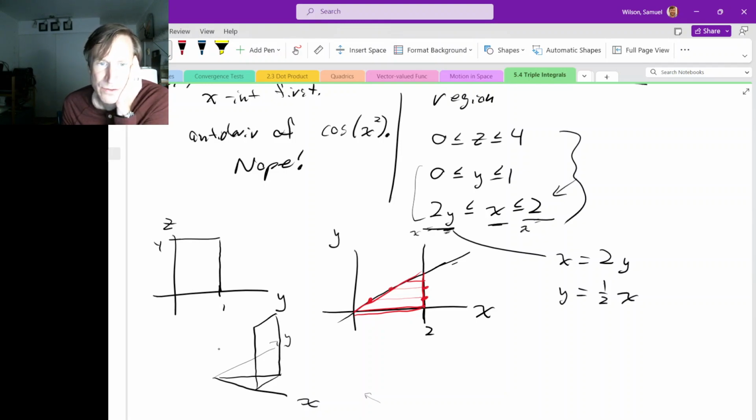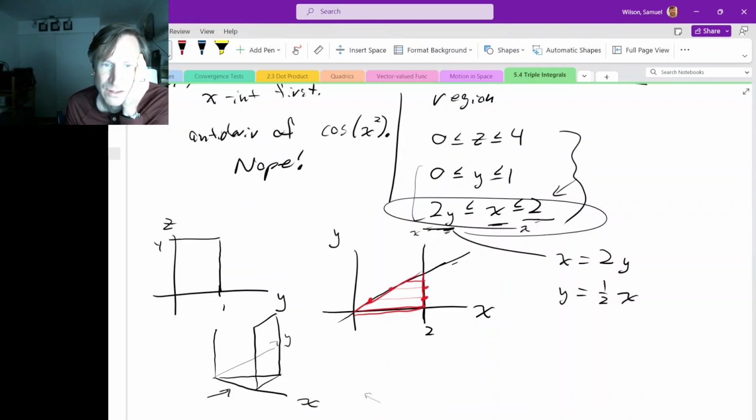But because the x bounds don't depend on z, the slice at every height will look the same as the slice at height 0. So all of the slices look like this same triangle. So we get this prism, right? It's got a triangular cross section, and as you go upwards, it's always the same triangular cross section at every height.